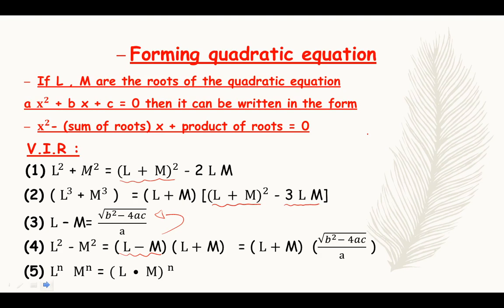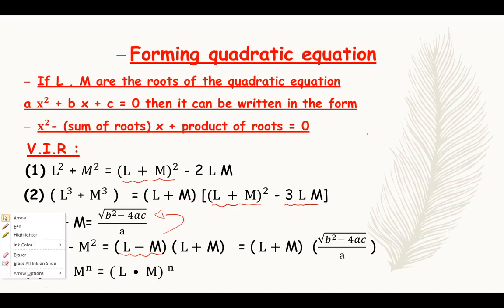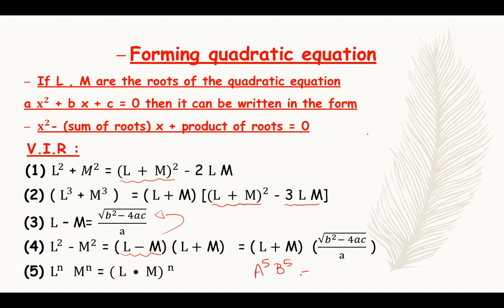For example, if we have a power 5 multiplied by b power 5, we can write it as a multiplied by b for all power 5. Okay? We will need other rules.